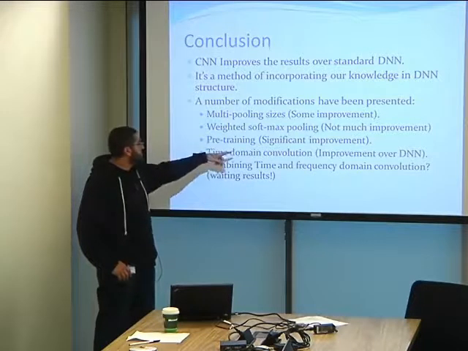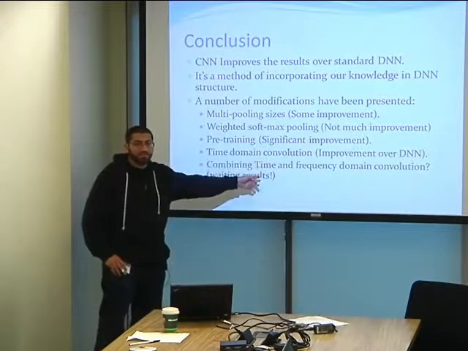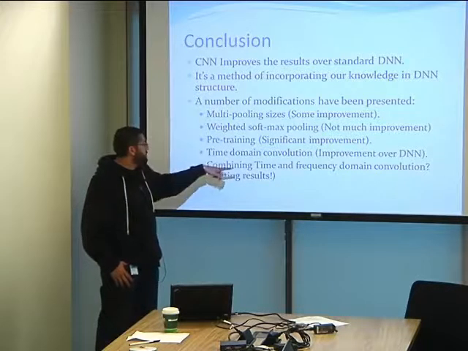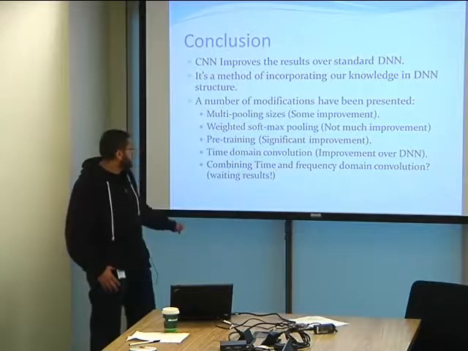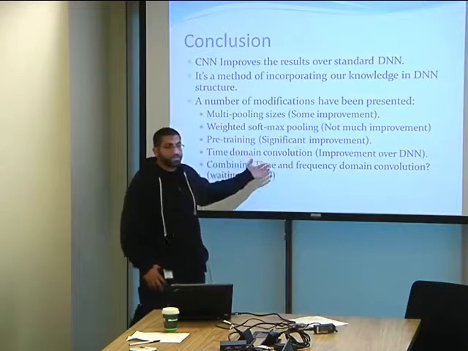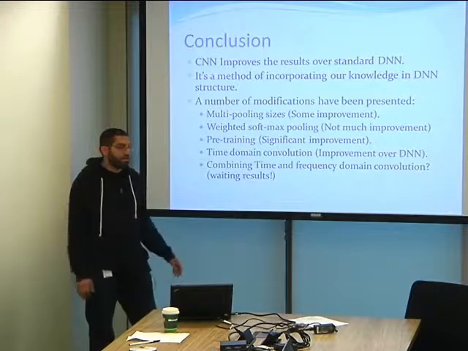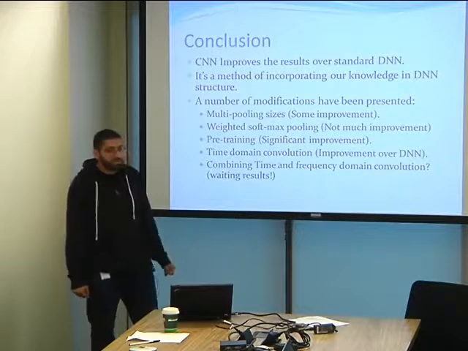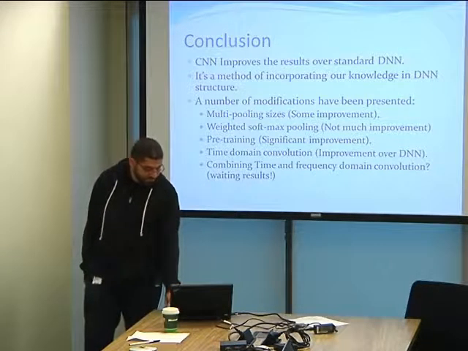Pre-training brought a significant improvement on the HVT dataset. Time domain convolution also is promising if we combine it with the frequency domain, so maybe we'll do more experiments in the future to try this.